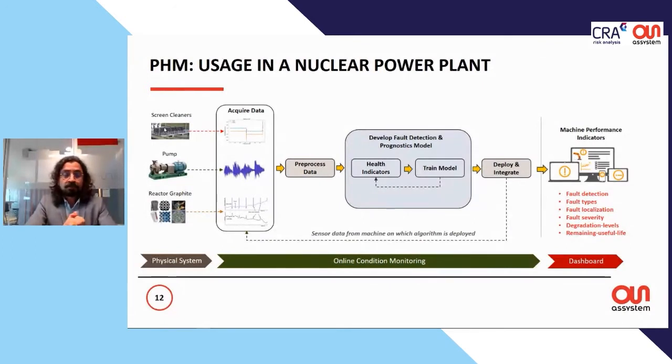But using the PHM idea, we can provide almost a daily report of how the movement of the screen cleaners is, if there are any anomalies, and we can include other operating conditions like the level of the seawater, if there are temperature changes, and all the weather conditions. So all this can be included to perform a holistic analysis using real data.